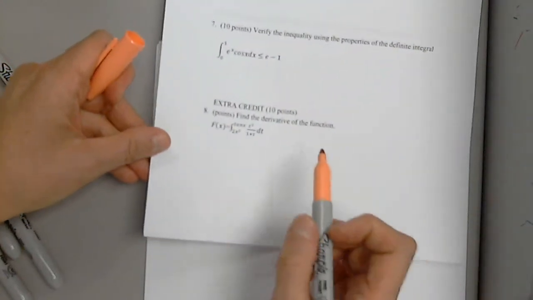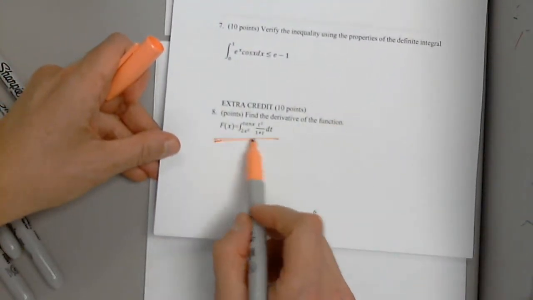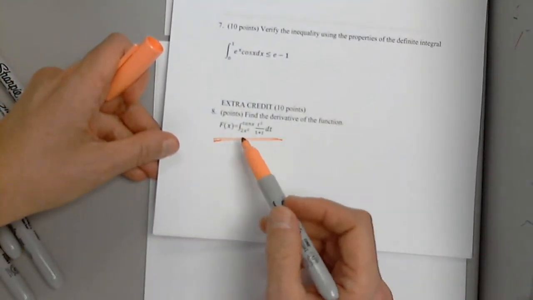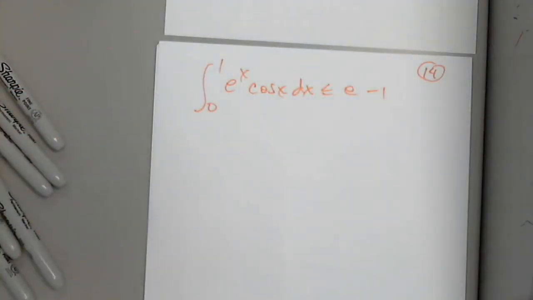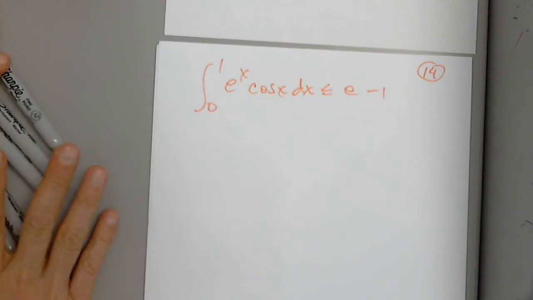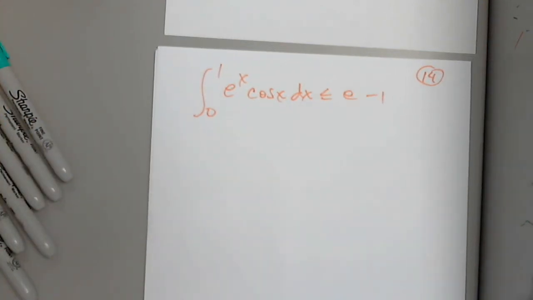And then the last problem here is the derivative of this function using the fundamental theorem of calculus part 1. Okay, so I would like us to work on this together.